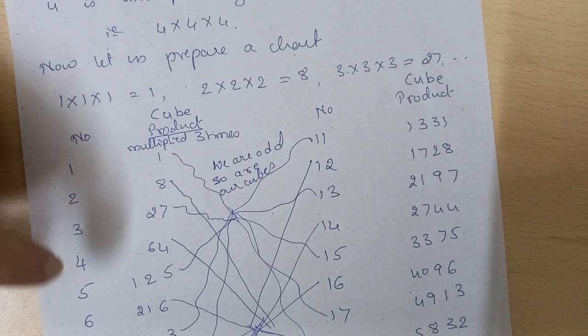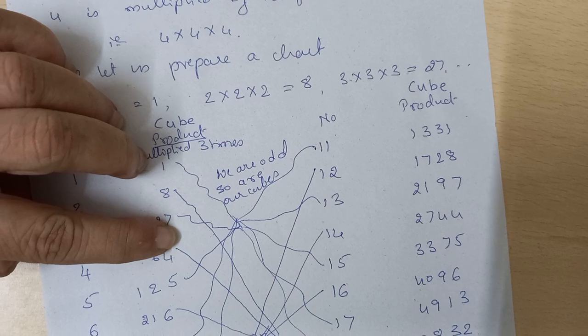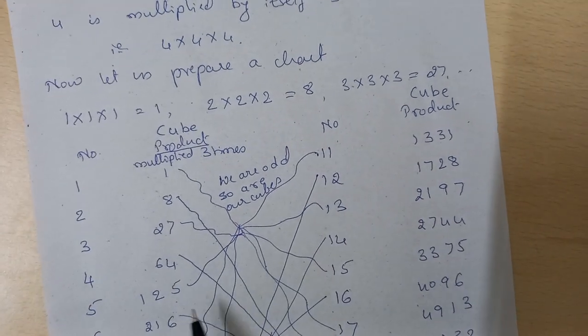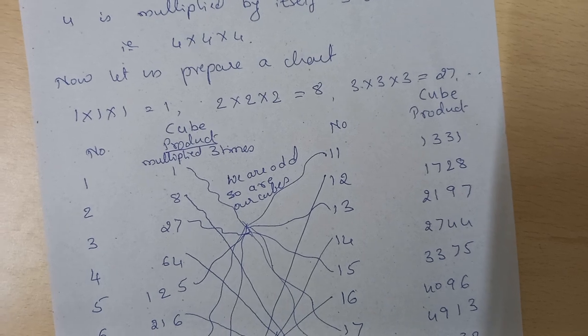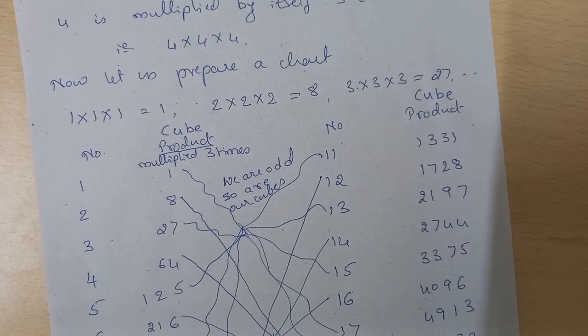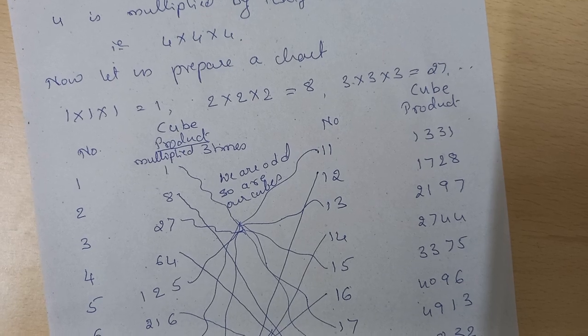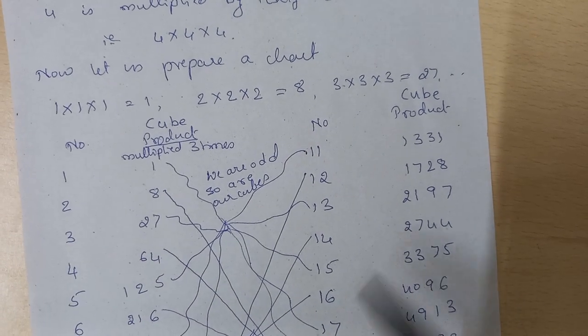For 4, 4 is the digit in the ones place. For 5, 5 is in the ones place. For 6, 6 is in the ones place. For 7, 3 is in the ones place. For 8, 2 is in the ones place. For 9, 9 is in the ones place. Here also you observe.